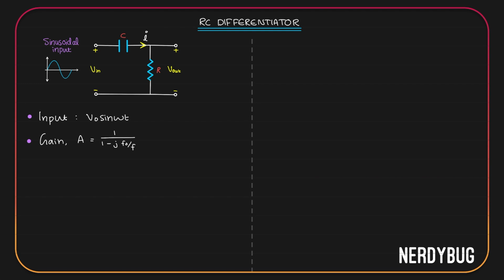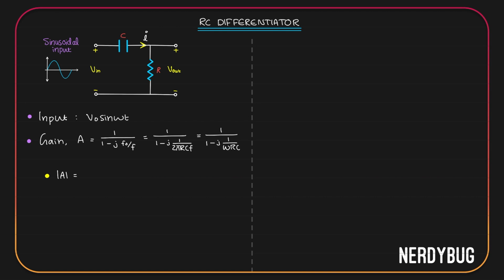But f0 is 1 by 2 pi RC. So we can write 1 by 1 minus j 1 by 2 pi RC f. 2 pi f is omega. Let us replace it by that. Then we get gain is 1 by 1 minus j 1 by omega RC.